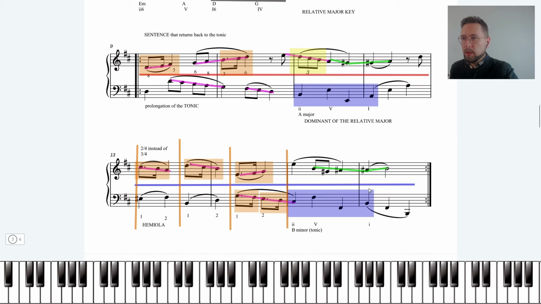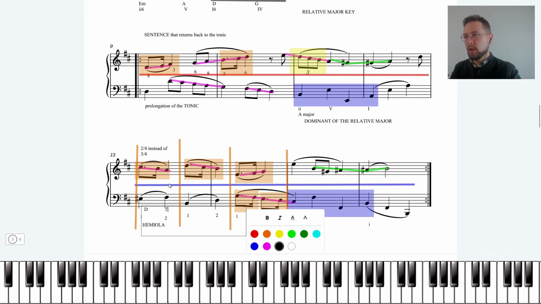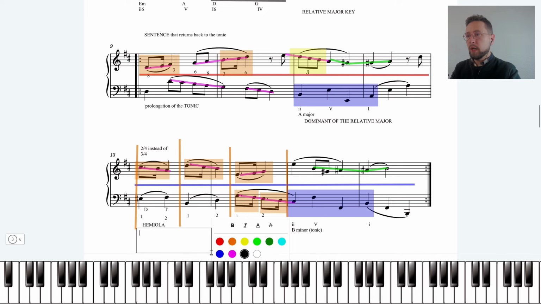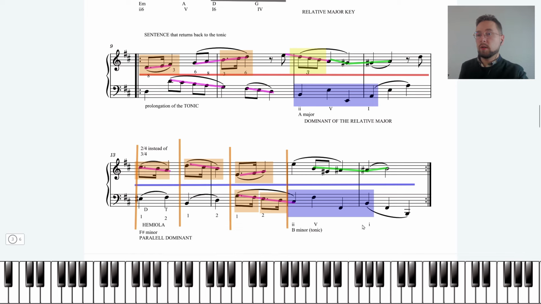Right, what is happening here in the hemiola passage? Well, we have a condensation that's basically consisting of this dominant to tonic in the key of F sharp minor. F sharp minor is the parallel dominant, so it's the minor dominant of B minor.